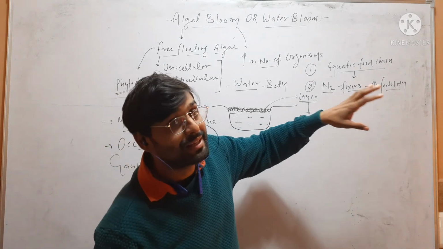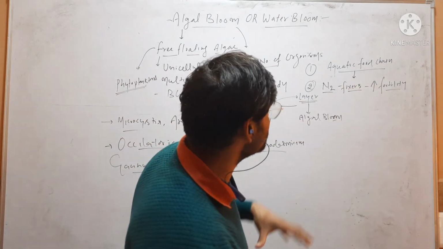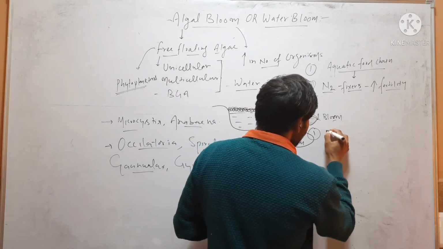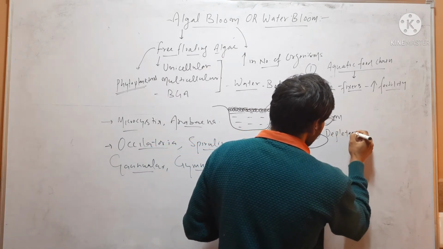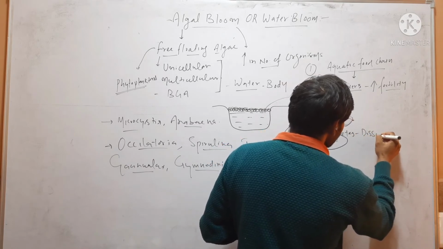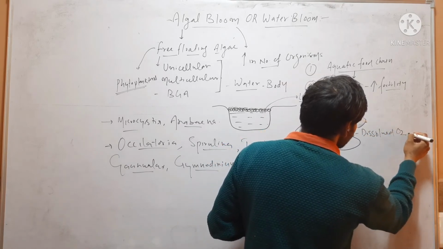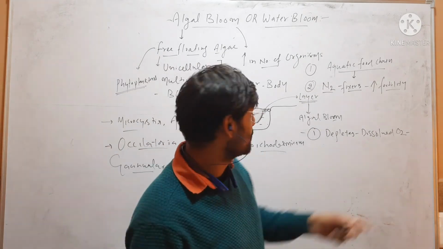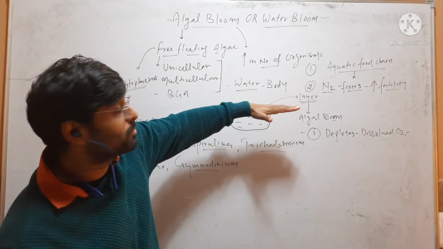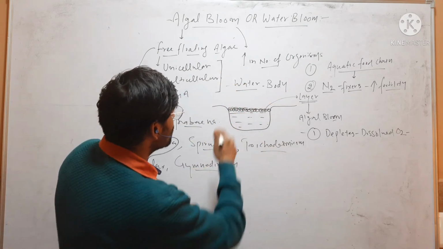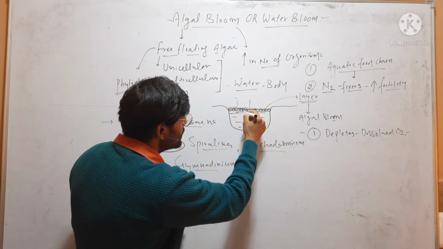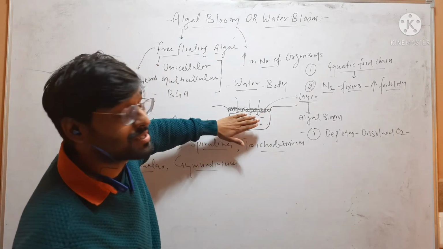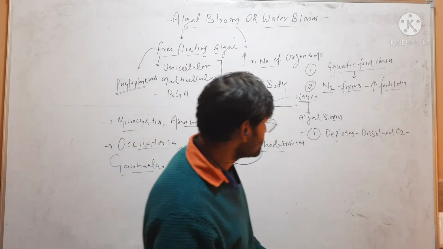Besides advantages, there are also disadvantages of algal bloom. The first one is they deplete dissolved oxygen, so aquatic organisms can't get enough oxygen, because they cover the surface of the water body so that oxygen can't dissolve in water and there occurs a depletion of oxygen in the water body.